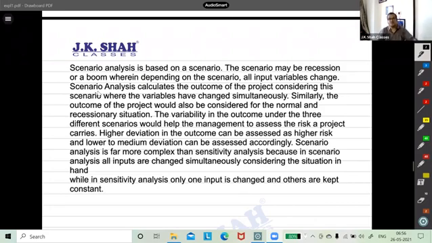Whatever possibilities, see now, I'll tell you one simple scenario analysis that you all have seen and you don't know that it's a scenario analysis. A match is going on, IPL match is going on, T20, already reached 10 overs.